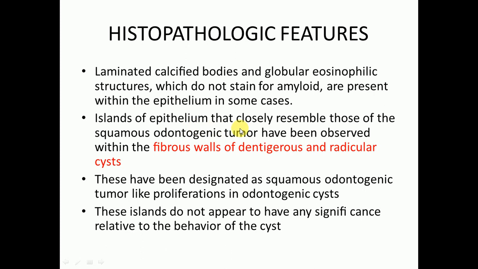Islands of epithelium that closely resemble those of the squamous odontogenic tumors have been observed within the fibrous wall of dentigerous and radicular cysts. These have been designated as squamous odontogenic tumor-like proliferations in odontogenic cysts.